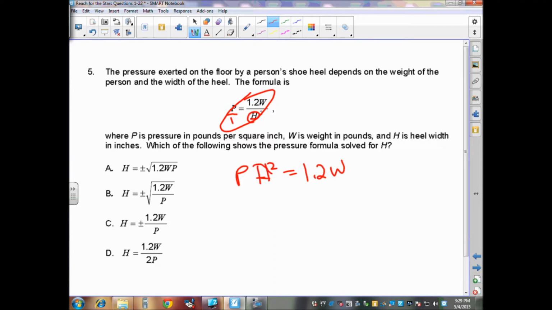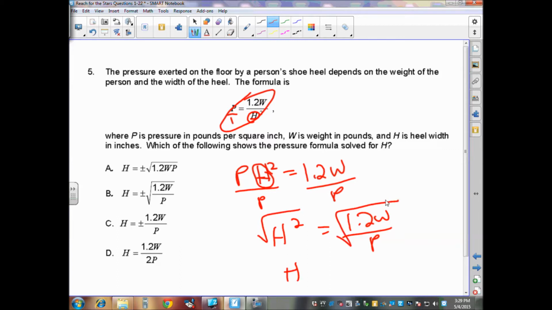Since we're solving for H, we can divide both sides by P. That gives us H squared is equal to 1.2W divided by P. We're looking for H, not H squared. We square root both sides. And remember, on this side, you have to do plus and minus. So when you do that, you're going to get this answer, which is B.